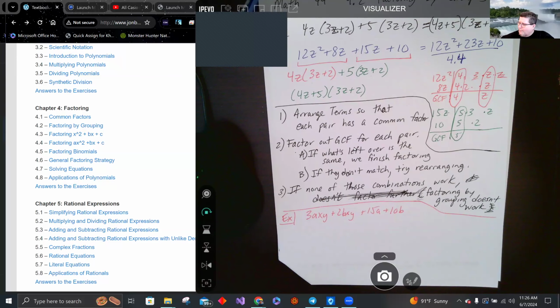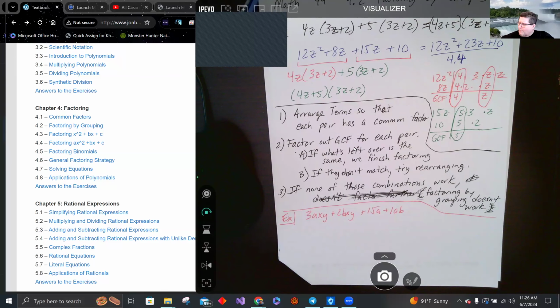I can see they both have an x and a y, so I'm going to pair them up as is, see if it works. If you need to, make the table. xy is the GCF, and I'm left with 3a plus 2b.